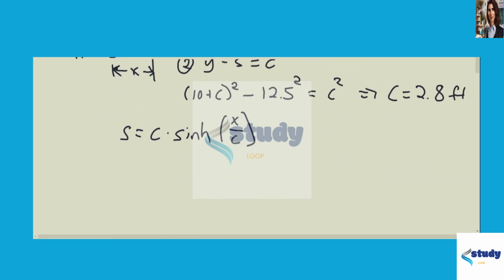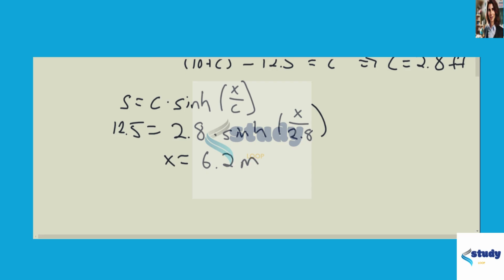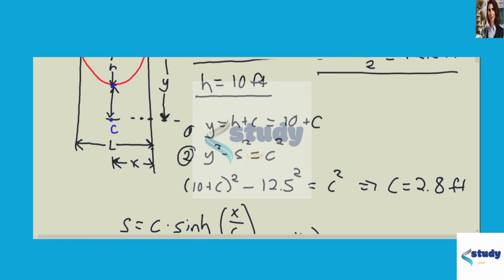So plugging in what we know, we find that 12.5 is equal to 2.8 times hyperbolic sine of x, which is what we were looking for, over c, which is 2.8. So this shows us that x is equal to 6.2 meters.